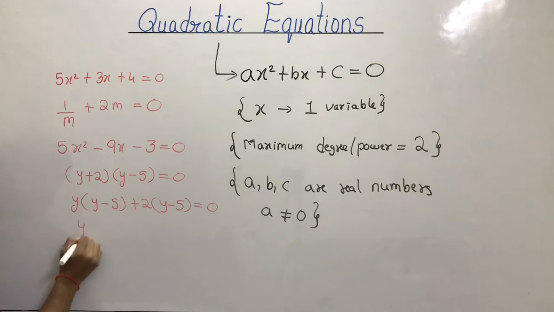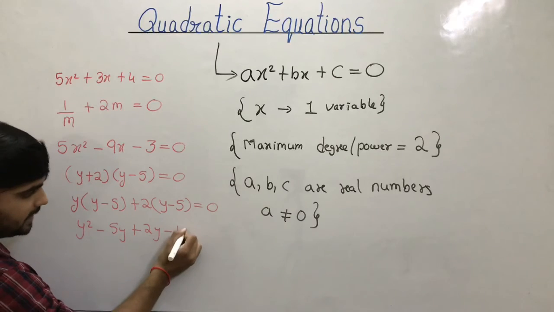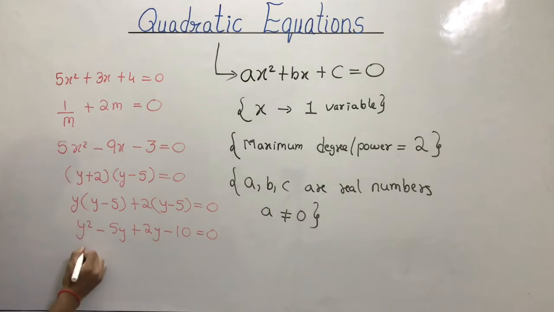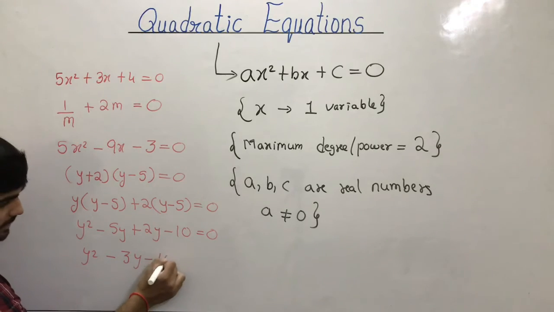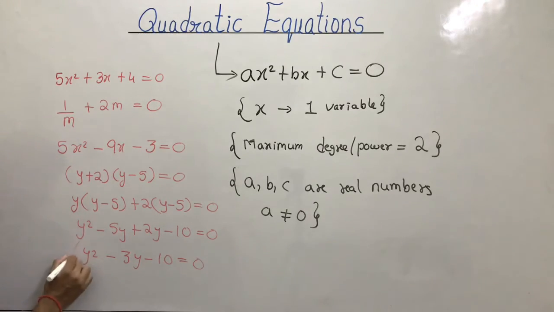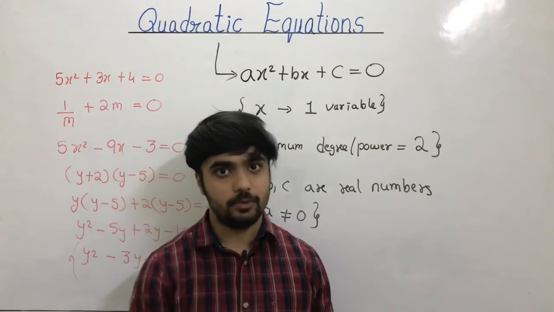So we'll get y square minus 5y plus 2y minus 10 is equal to 0, that is y square minus 3y minus 10 is equal to 0, which is in the form of a quadratic equation. So these were basic examples of quadratic equations. Let's see some numericals related to this.